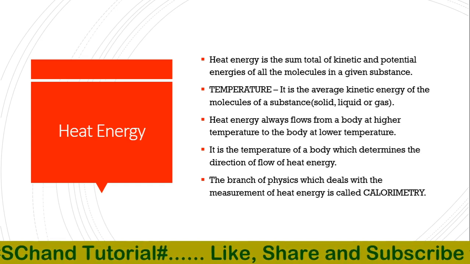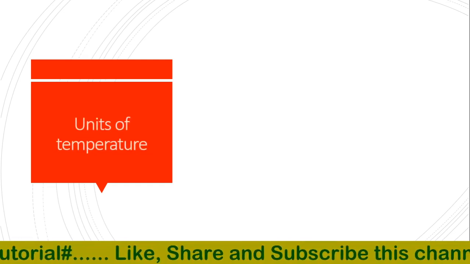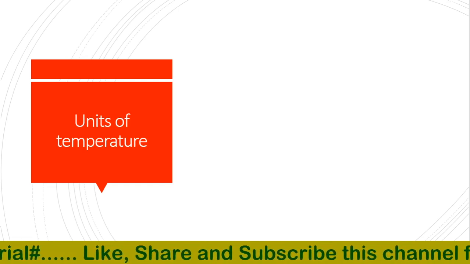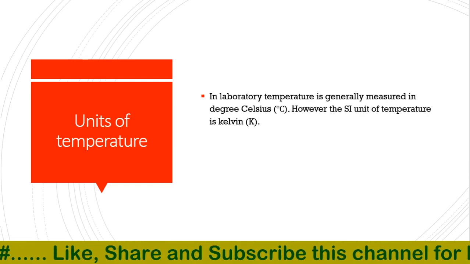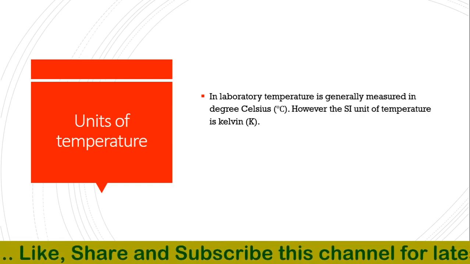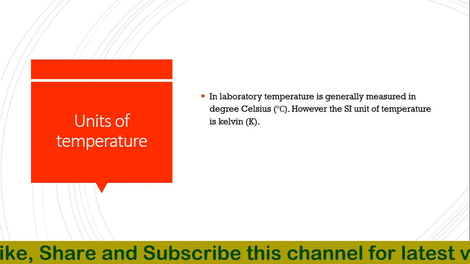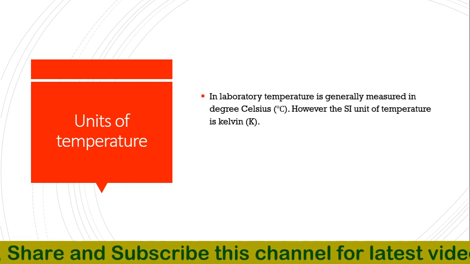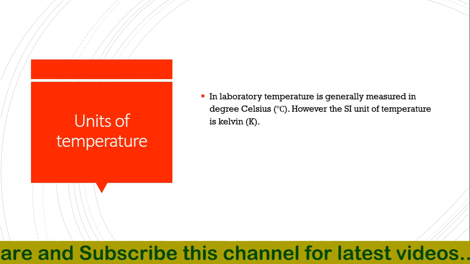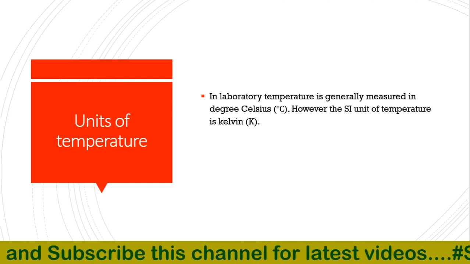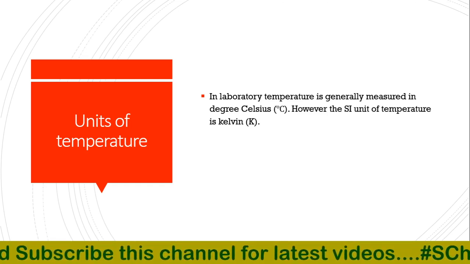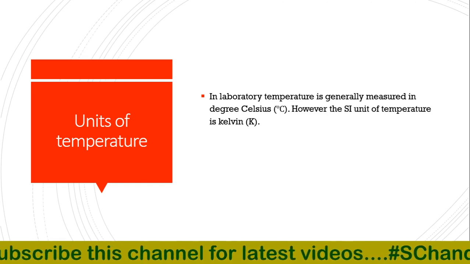In the laboratory, temperature is generally measured in Celsius. Now we talk about the units of temperature. In the laboratory, temperature is generally measured in degrees Celsius, however its SI unit is Kelvin, denoted with the symbol K, without any degree.